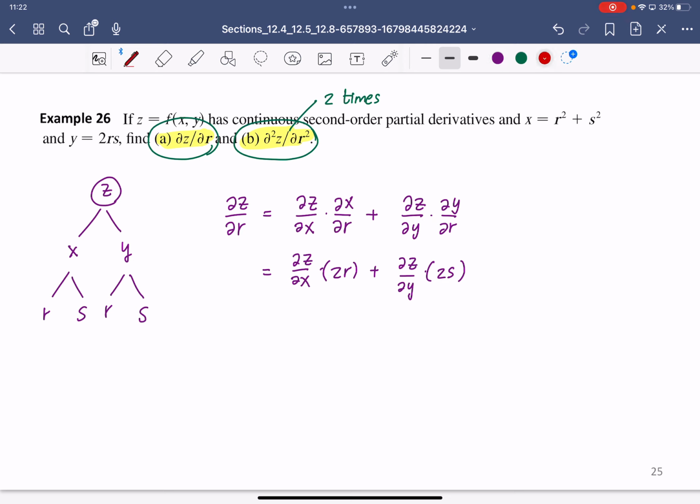Now imagine this is part A, good already. This is part B. If you want to take the derivative one more time, you're going to differentiate this one again. Sorry, this is r, not theta.